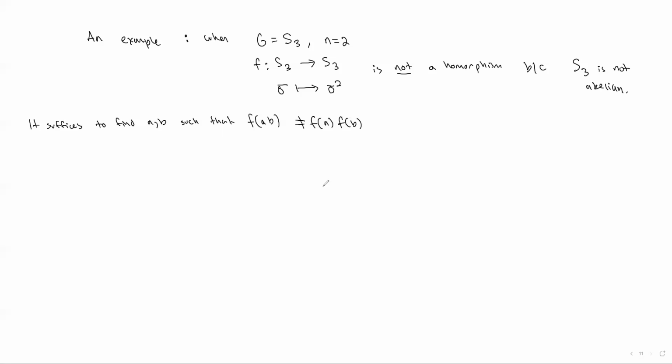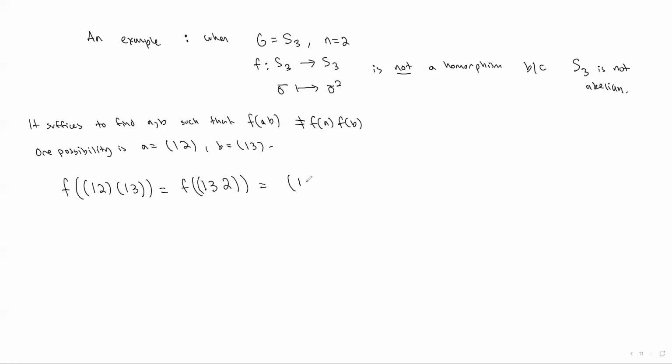So one possibility is A equals (1 2) and B equals (1 3). So f of (1 2) times (1 3) is f of (1 3 2). By definition, f just squares the permutation.